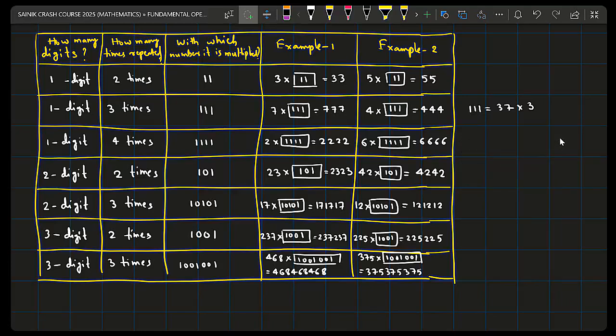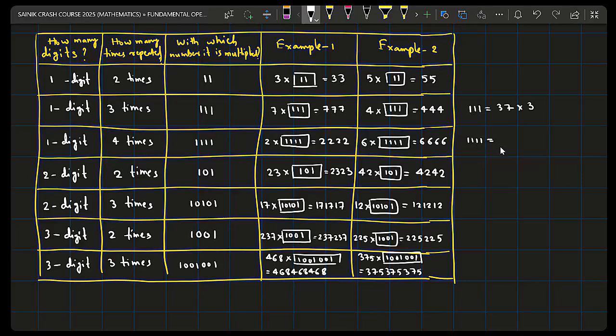So similarly, do we have any other factors for the remaining numbers? Let us check. First, let me complete the table. 1111 is also having factors.